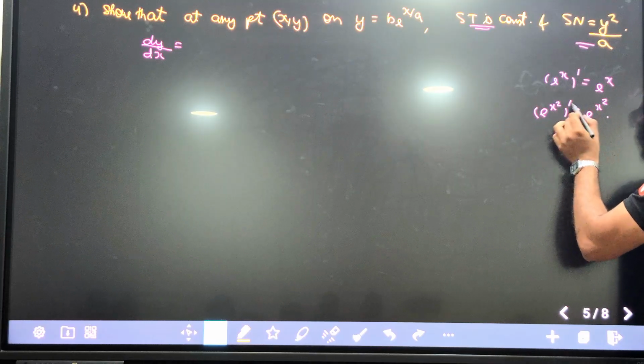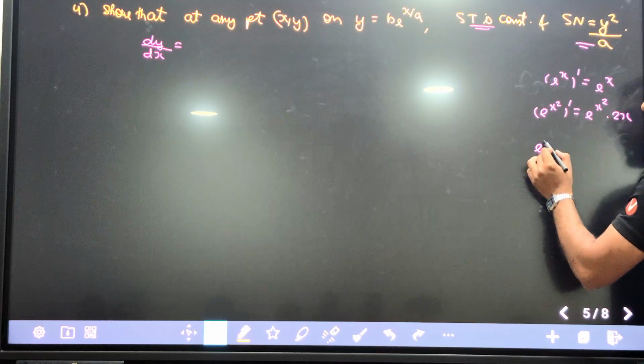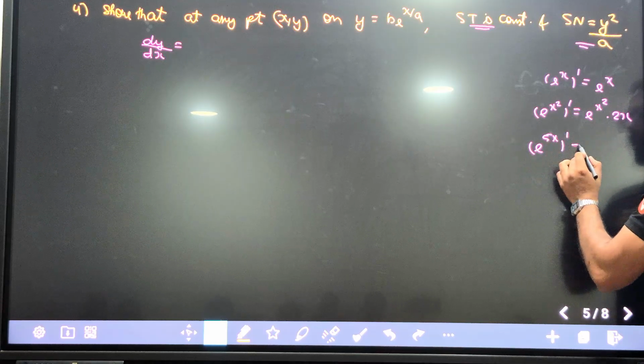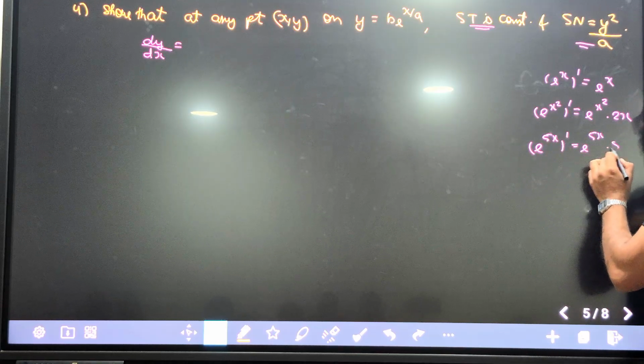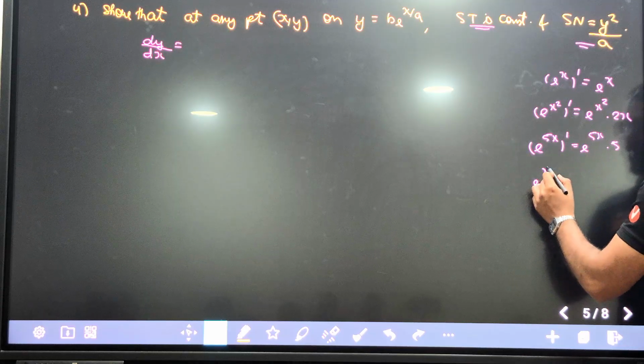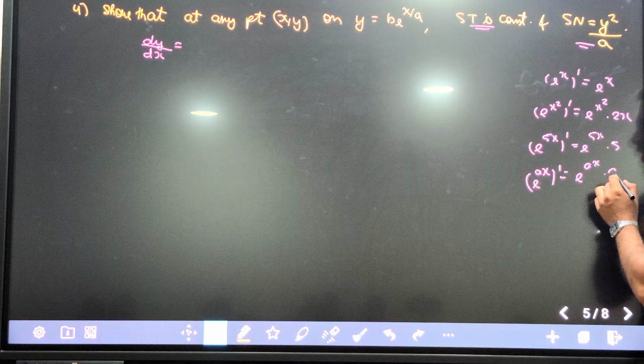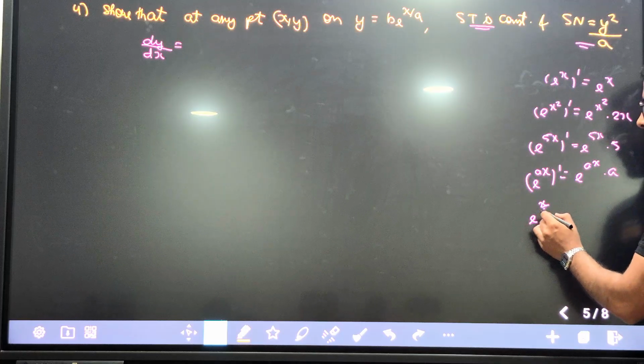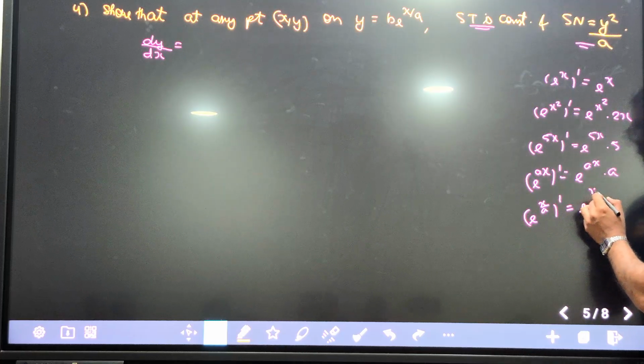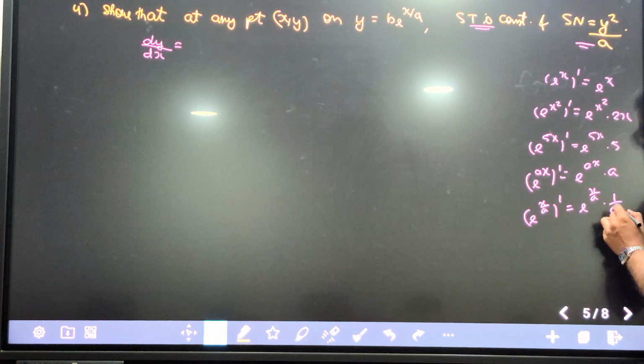E power x square into 2x. E power 5x differentiation, e power 5x into 5. E power ax differentiation, e power ax into a. E power x by a differentiation, e power x by a into 1 by a.